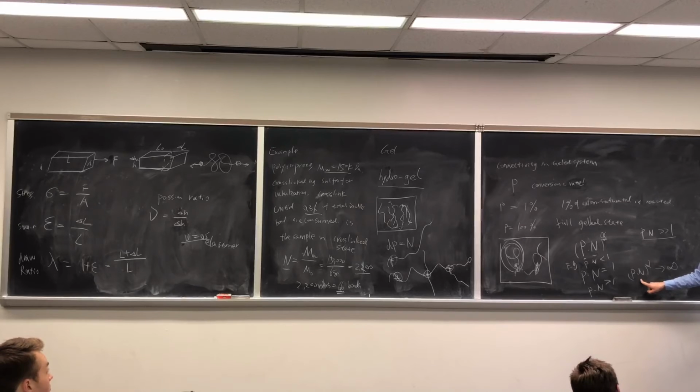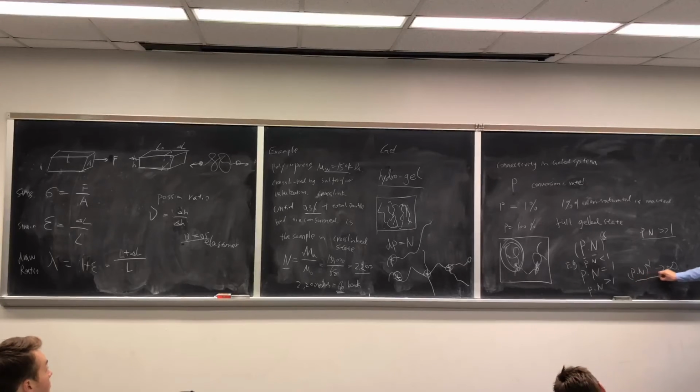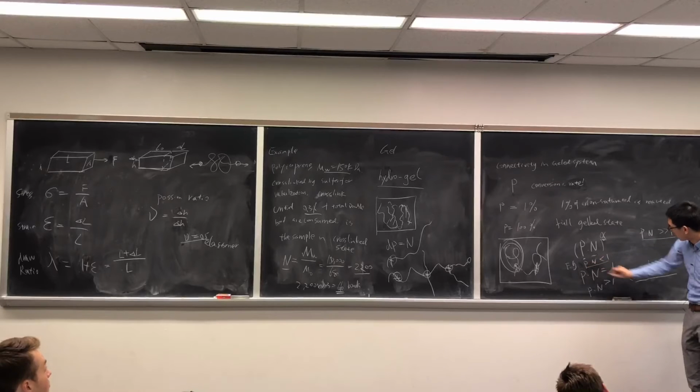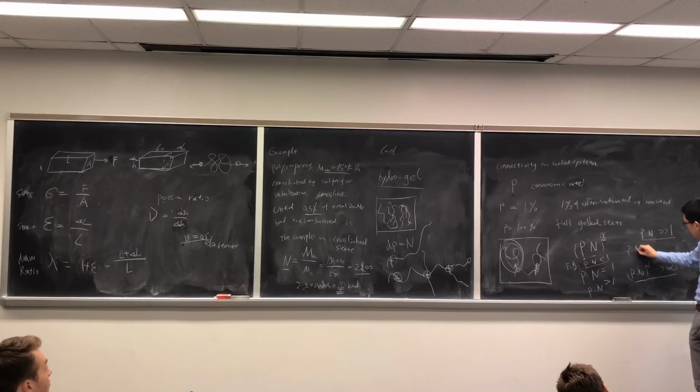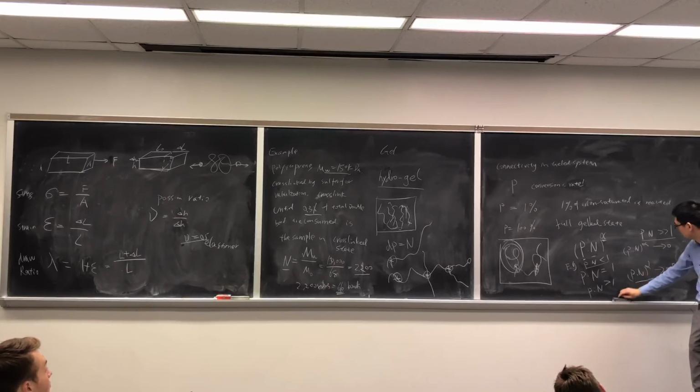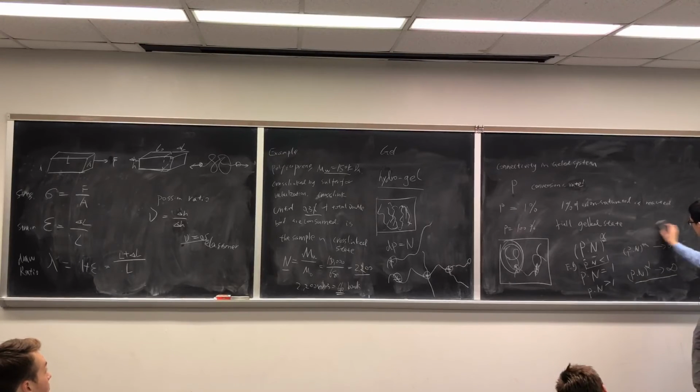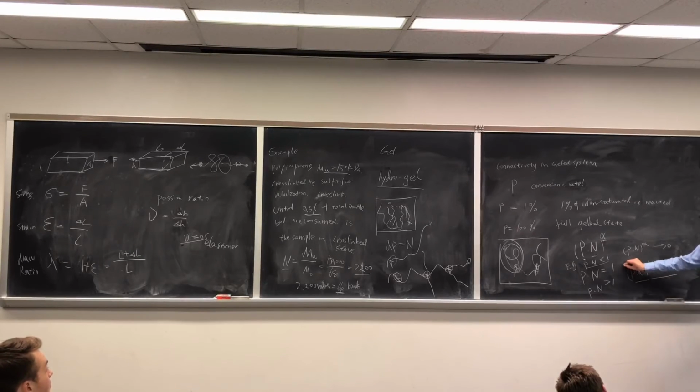Think about this as 2. 2 squared is 4. 2 to the power of 3 is 8. This will quickly roll into infinity. If PN is smaller than 1, it will be close to 0. The chances of you finding a bond from the next chain will be 0. So this is the critical gelation point.